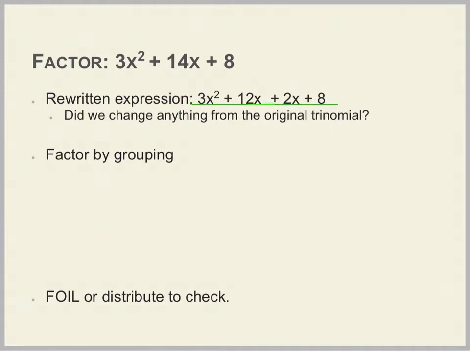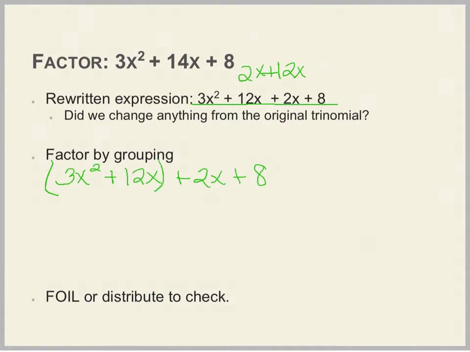So, with these 4 terms now, and notice in this instance I've written it as 12x plus 2x. It doesn't matter which way you write these middle terms, we're still going to be able to factor by grouping, as nothing has changed from the original trinomial. So, 3x squared plus 12x plus 2x plus 8.